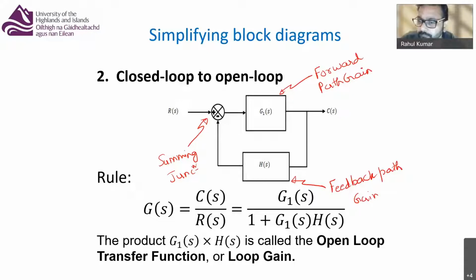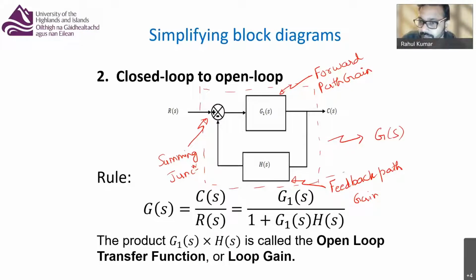So you can replace this entire closed loop system, with the summing junction, with the forward path gain, and with the feedback path gain, by a single block with a transfer function G of s.